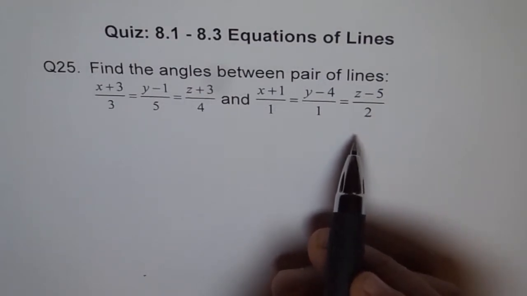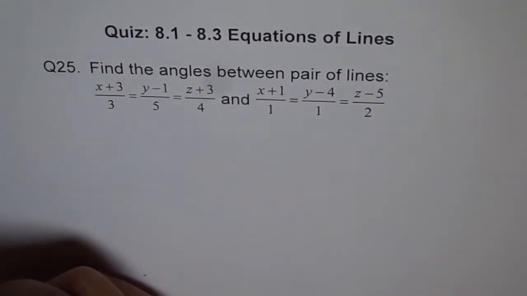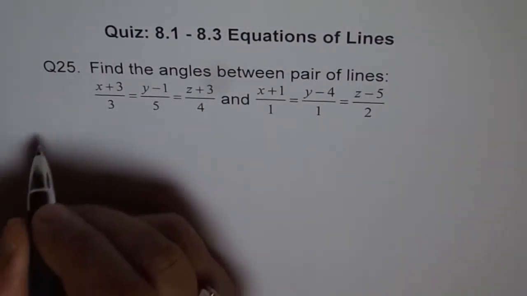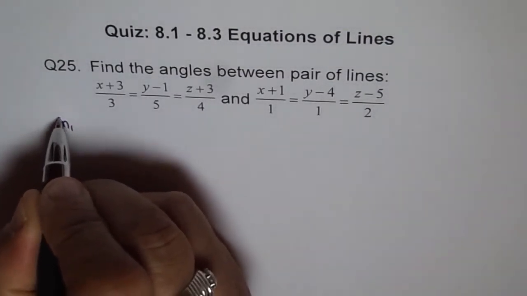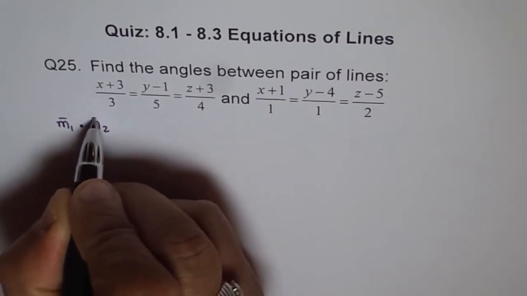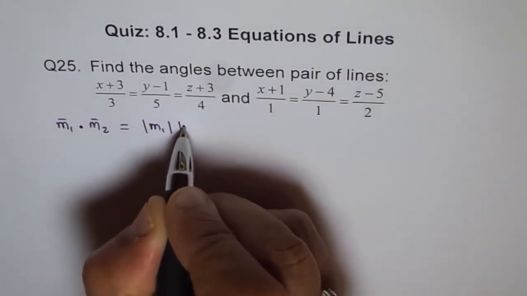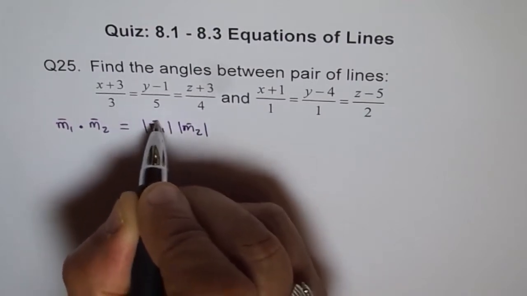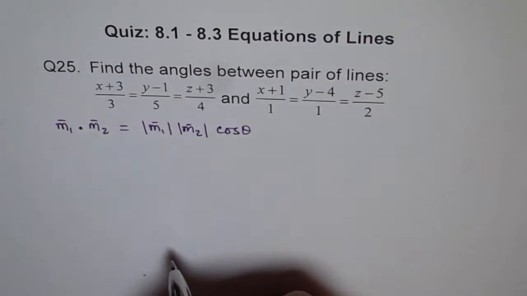And as you remember, for two vectors, if you have to find the angle between them, then if the two vectors are, in this case, M1 and M2, then M1 dot M2 is equal to magnitude of M1 times magnitude of M2 times cos of theta. So cos theta will give us the angle.